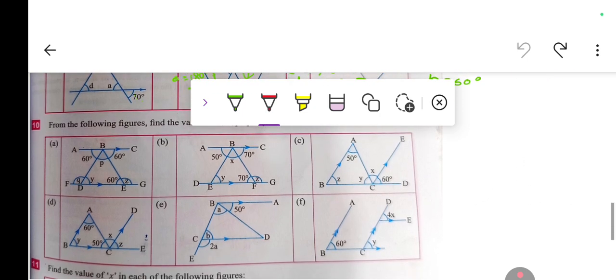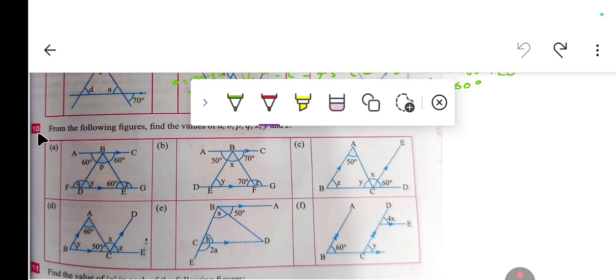We have the first question over here, question number 10a. We have to find out the value of p, y, and q. Z is also over here. It's very simple to find out. To find out the value of z, both are co-interior.